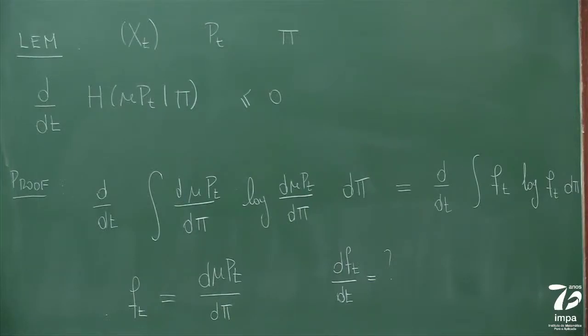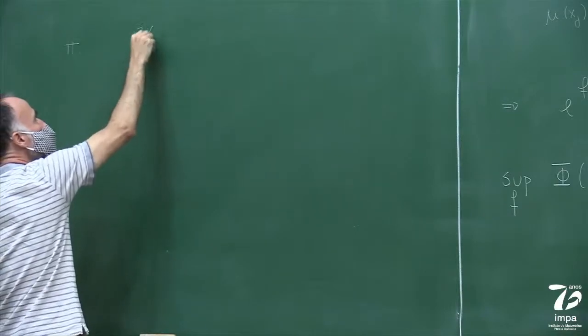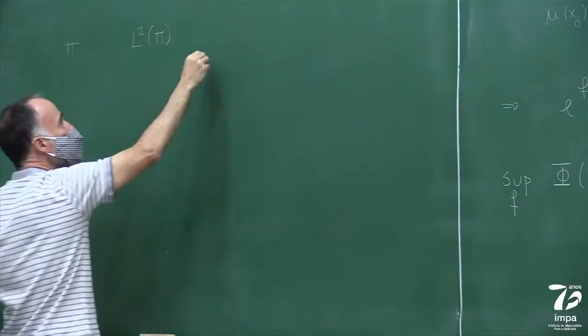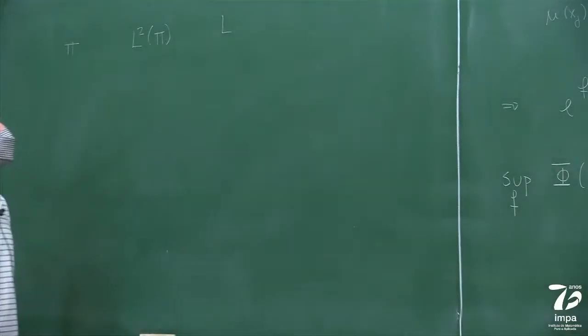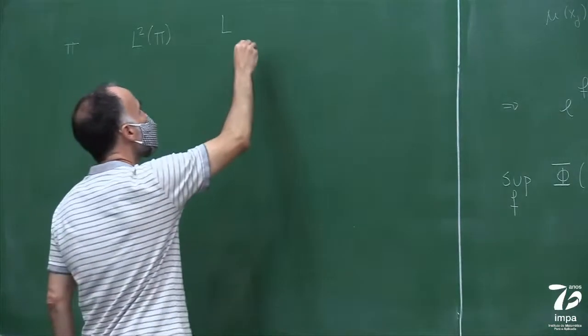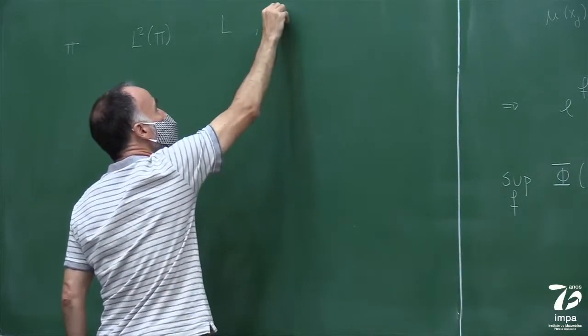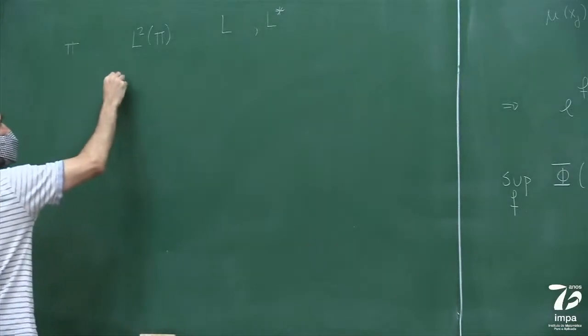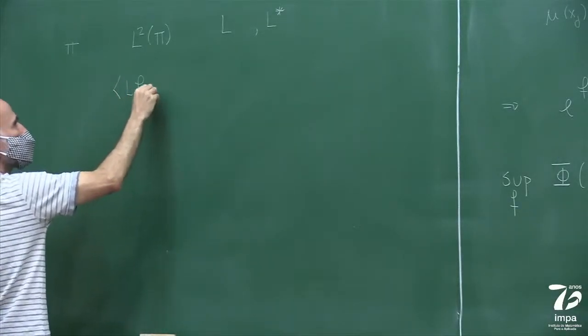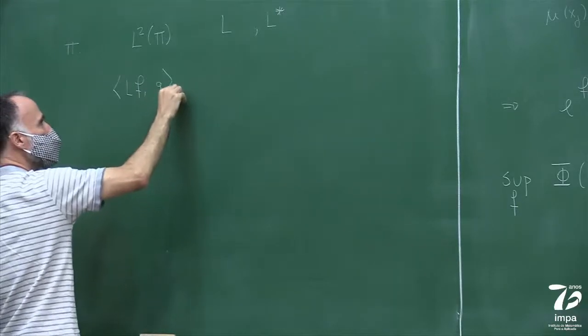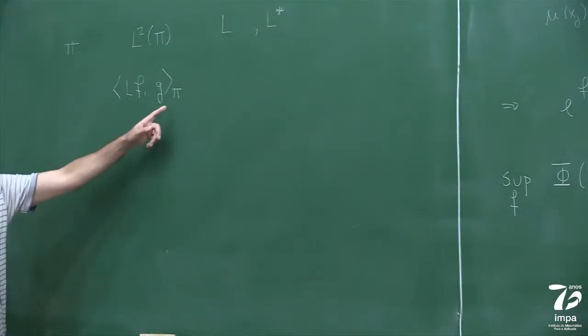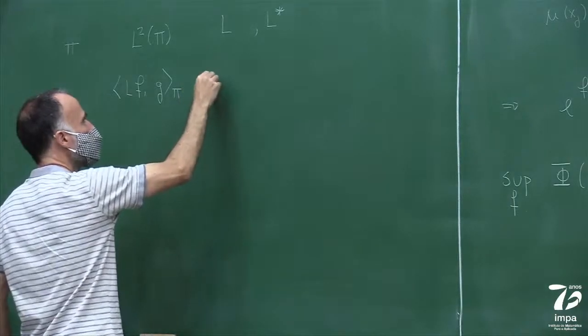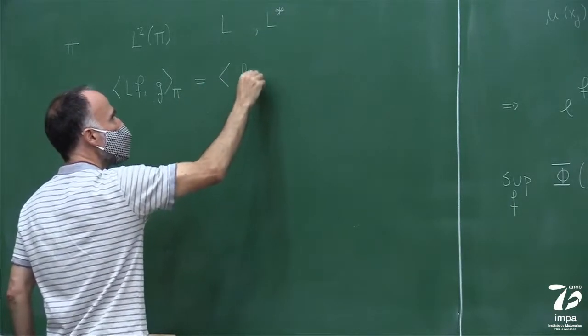Okay, so pi is the stationary state. So we introduced the space L2 of pi. We have seen that L is an operator in this space, and we represent its adjoint by L star. So the adjoint means that the scalar product in L2 of pi of Lf and g is equal to the scalar product of f and L star g.